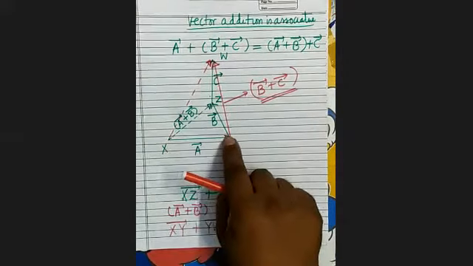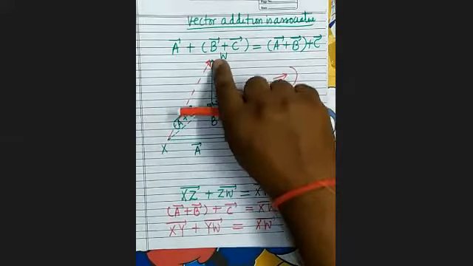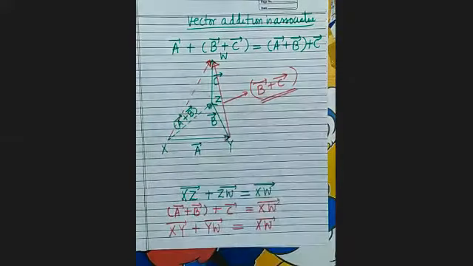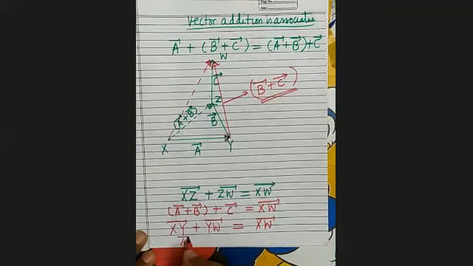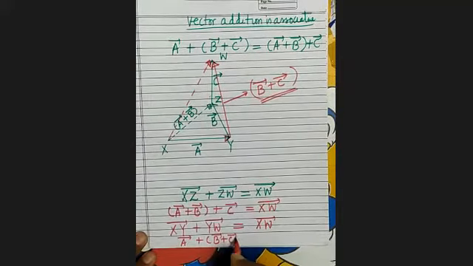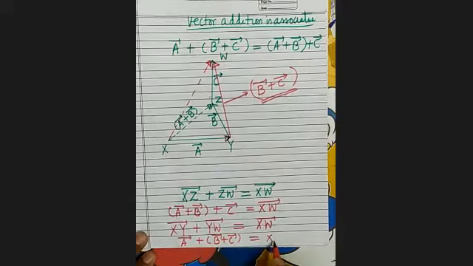Vector xy plus vector yw equals vector xw. Now you write there vector xy is vector A. Vector yw you have just found, it is vector B plus vector C, equals vector xw.